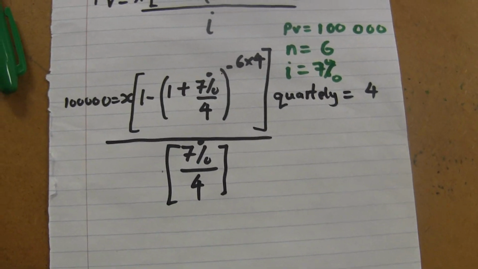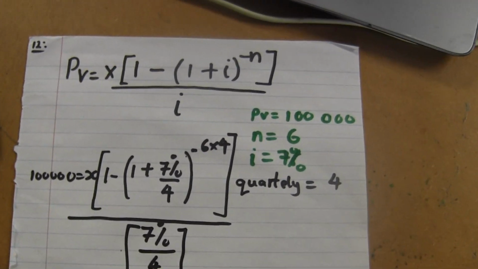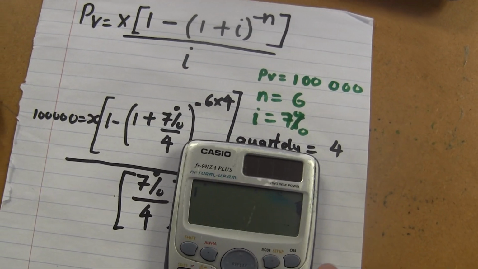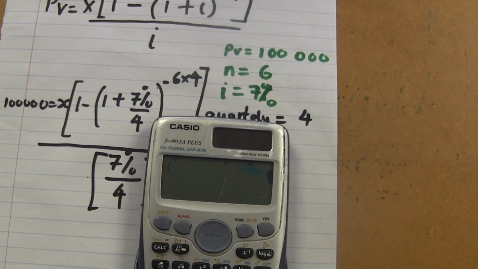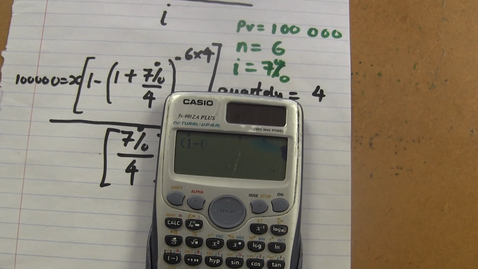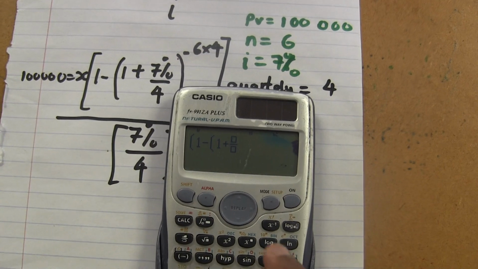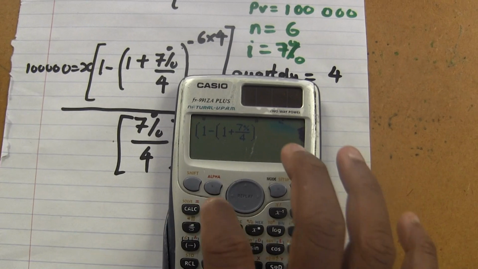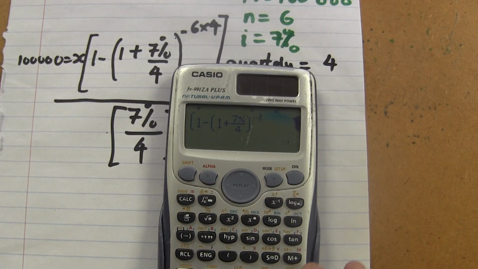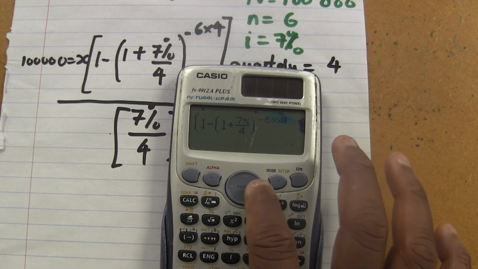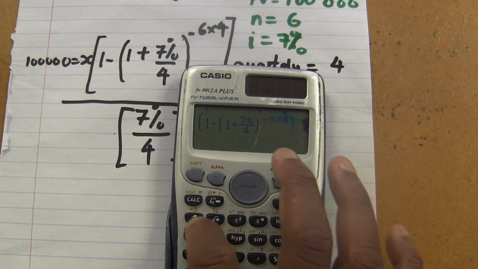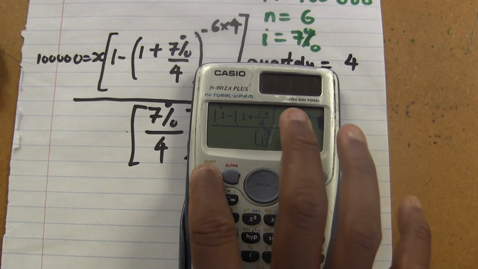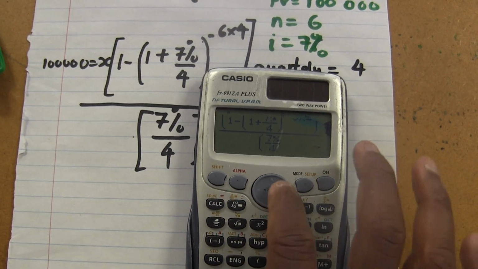So plug everything into the calculator easily. I take my calculator and open a bracket, 1 minus bracket, 1 plus 7 percent divided by 4, close, then power negative 6 times 4, close, divide by, open the bracket, 7 percent divided by 4 also, and close.